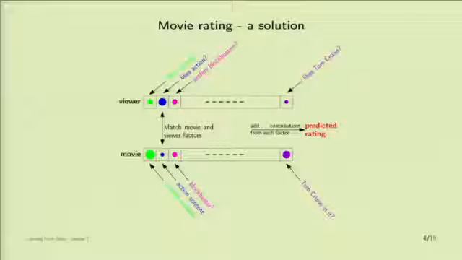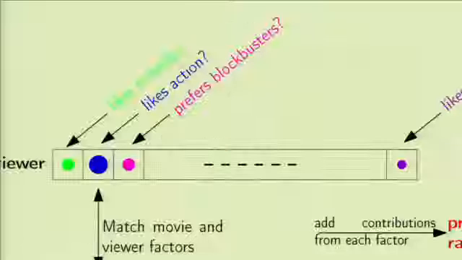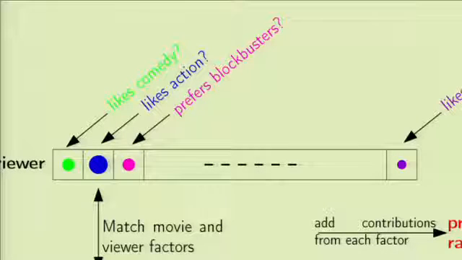Now, let me give you a solution to the movie rating in order to start getting a feel for it. So here is a system. Let me start to focus on part of it. We are going to describe a viewer as a vector of factors, a profile, if you will. So if you look here, for example, the first one would be comedy content.